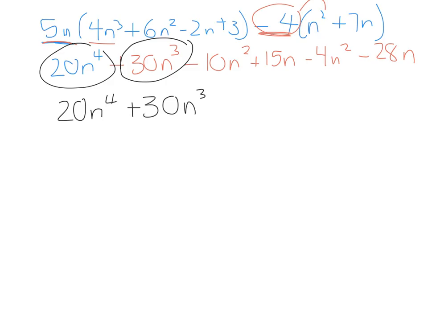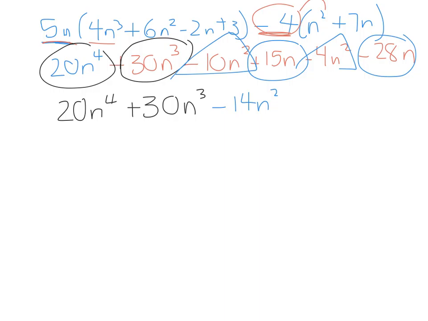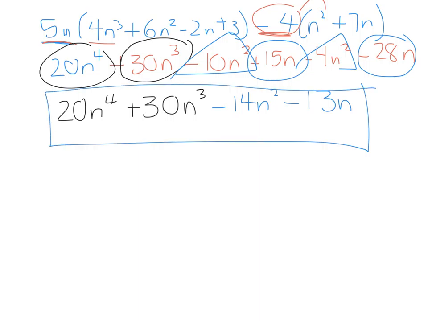Then I have negative 10n squared minus 4n squared. That's minus 14n squared. And then I have a positive 15n minus 28n. That's a negative 13n. And that one's done.